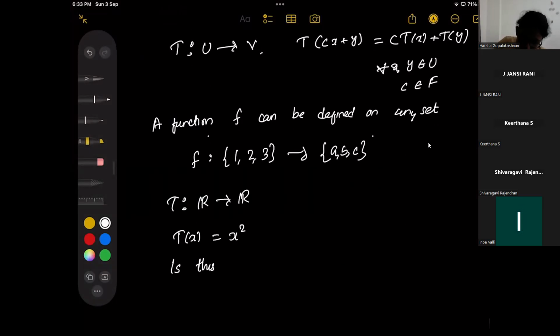Is this a function? First question. T is a map defined from the real line to the real line. And T(x) is defined as x square. Is this a function?